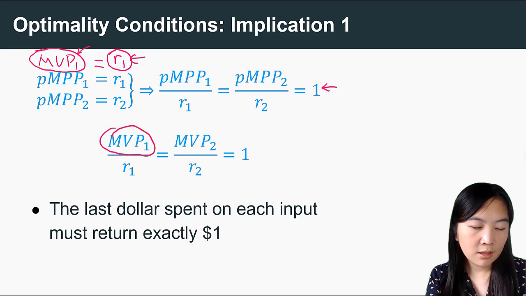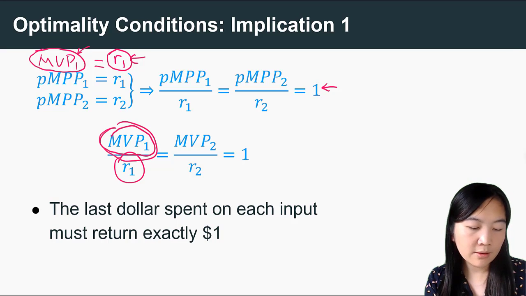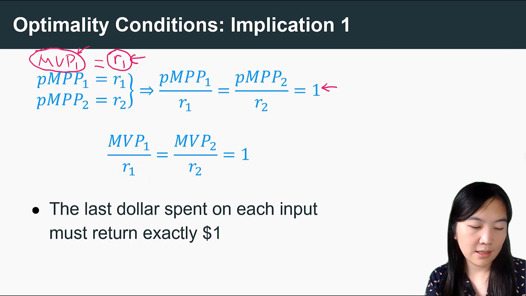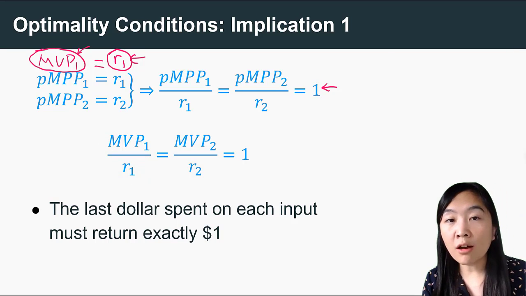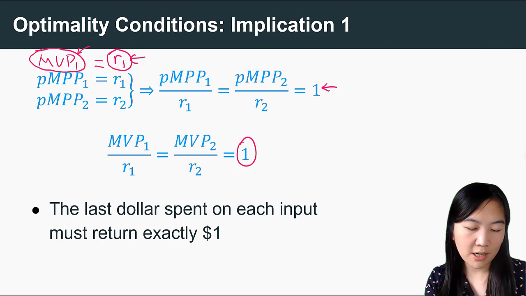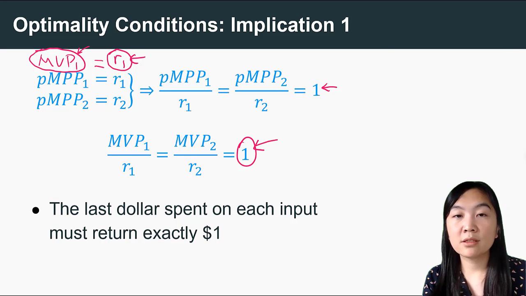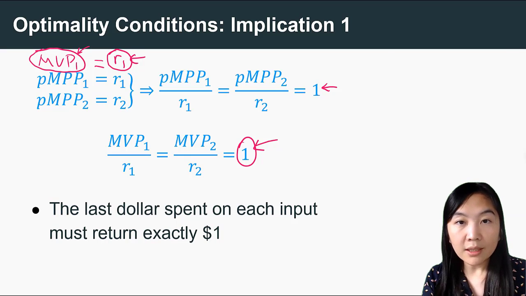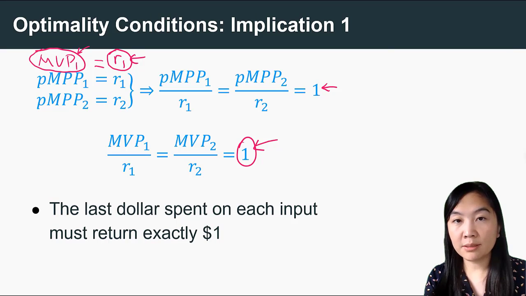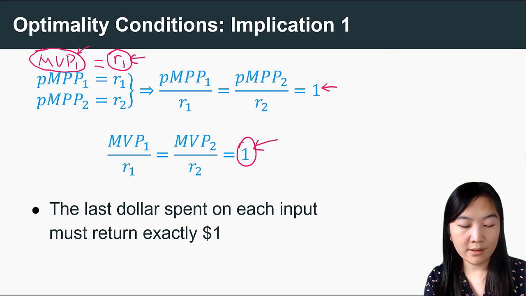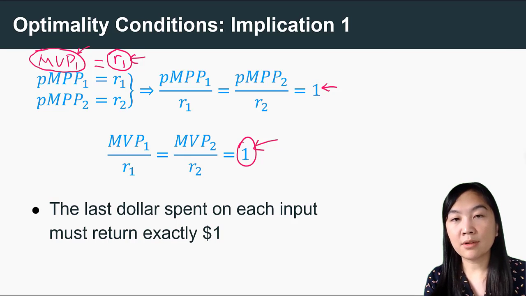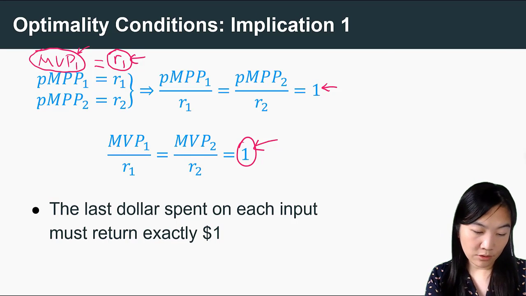And here, if we divide the MVP1 by R1, what we get is, for each dollar, on the right-hand side, it becomes 1. So this is the dollar spent on input 1, the last dollar spent on input 1, and it's not 1 unit of X1, that actually depends.